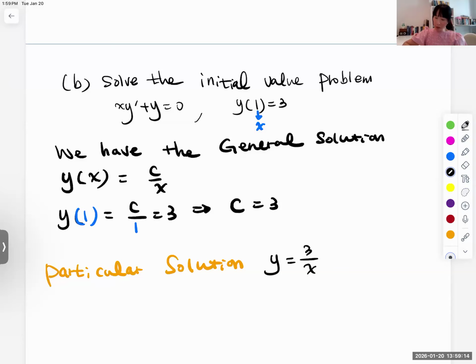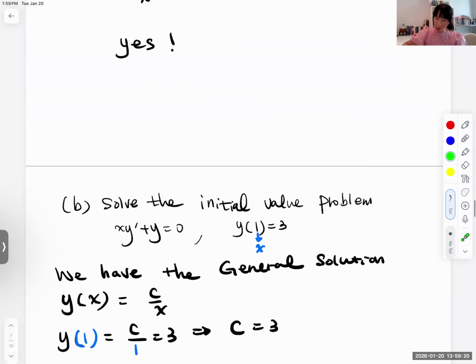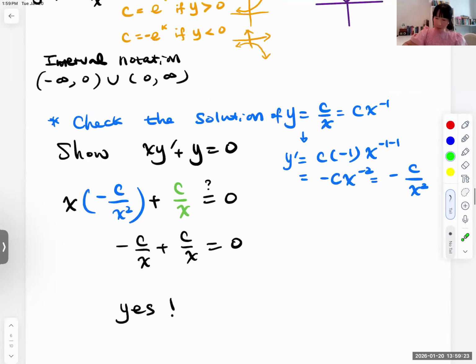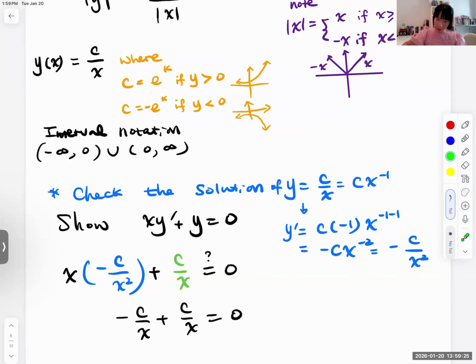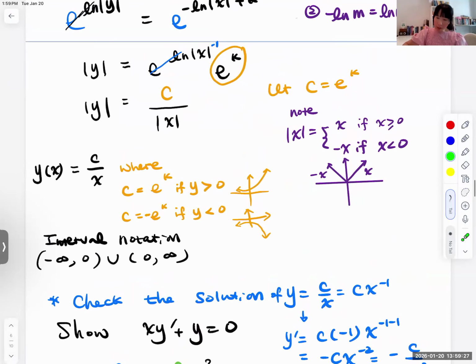All right. So we knew that c equal to 3, right? And also we set c equal to something else, right? So c equal to e to the k power earlier, right? Okay, then if we want to know what k is, let's solve for k then.